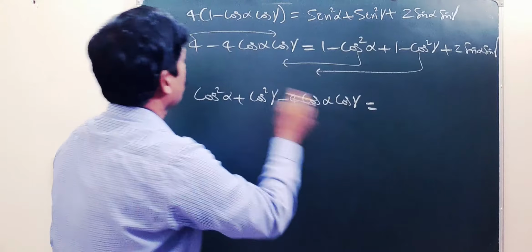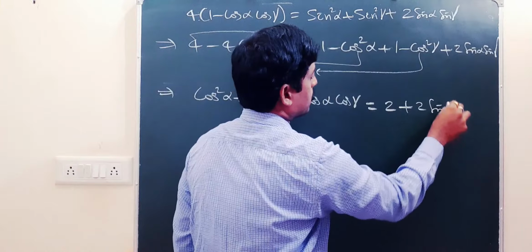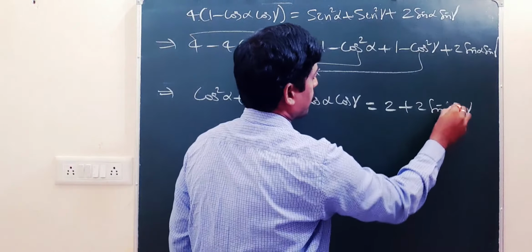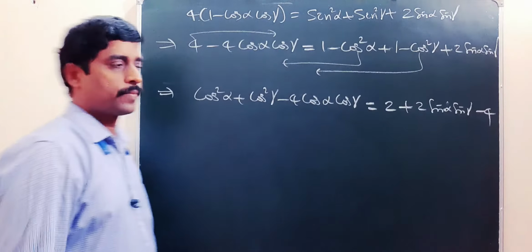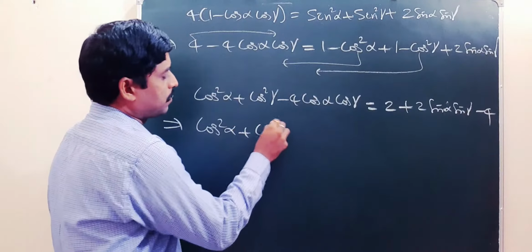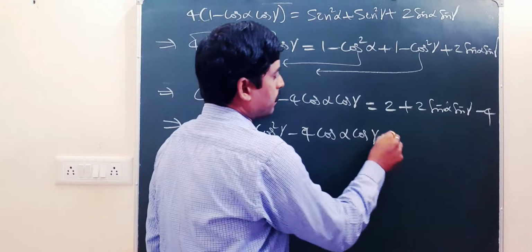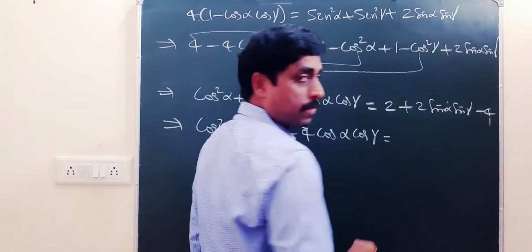It will be 1 plus 1 is 2, plus 2 sin alpha sin gamma minus 4. Okay, so cos square alpha plus cos square gamma minus 4 cos alpha cos gamma is equal to 2 minus 4, which is minus 2.